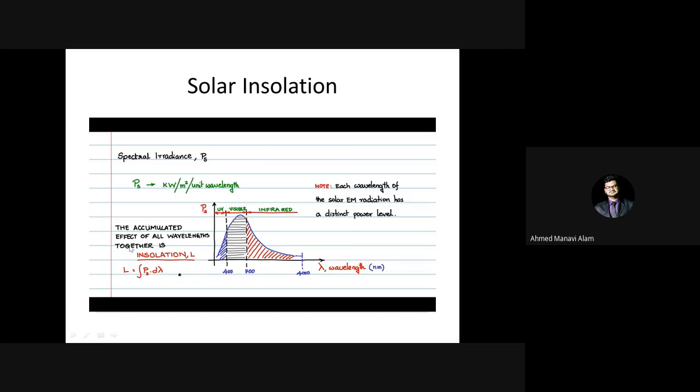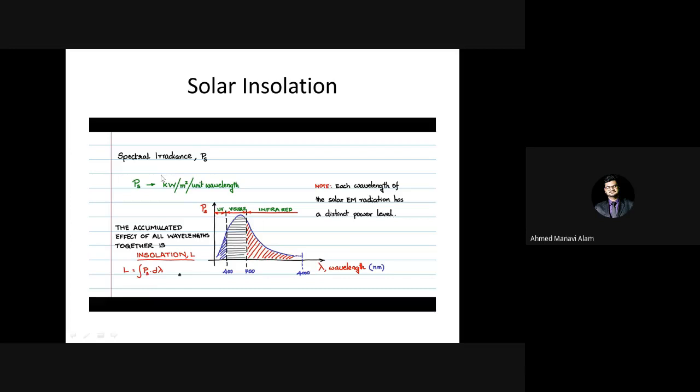Now proceeding, দেখেন যে সোলার ইনসোলেশন যখন আমরা শুরু করতেছি, we are actually trying to understand how much energy we will get from the sun. First of all, we will understand the topic spectral irradiance. What does spectral irradiance mean?